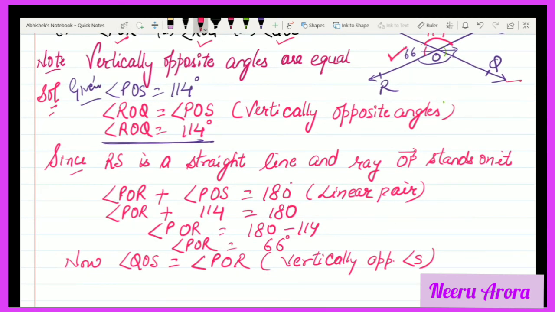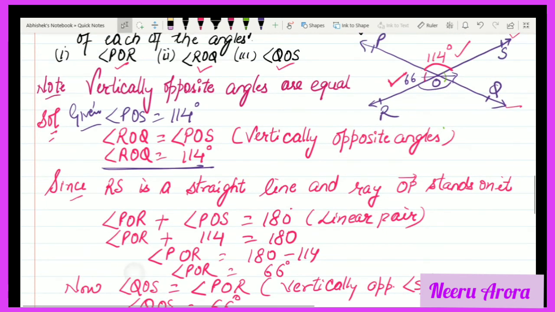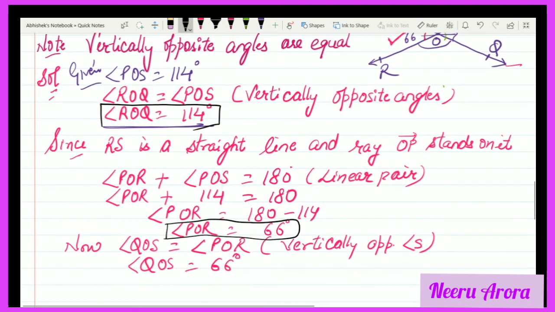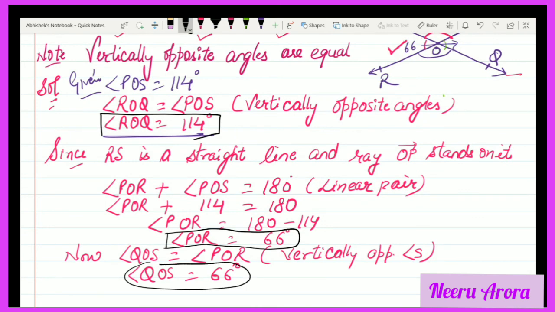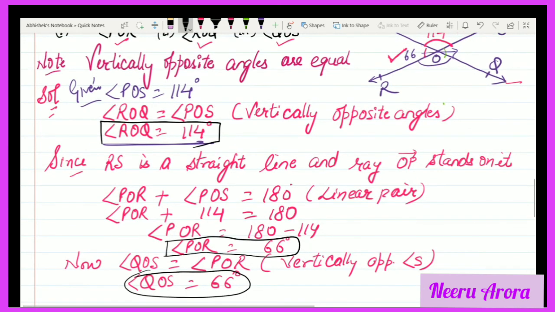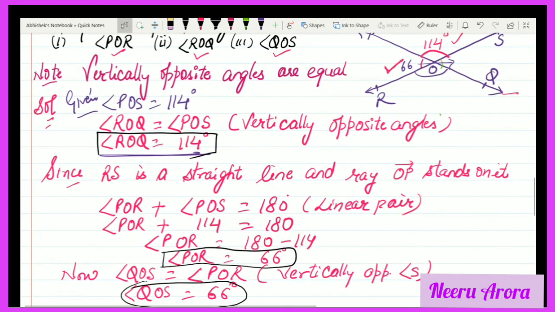So QOS is also equal to 66 degree. So these are the three angles: ROQ is 114, POR is 66 degree, and QOS is also 66 degree. I hope it is clear to you. Thank you.